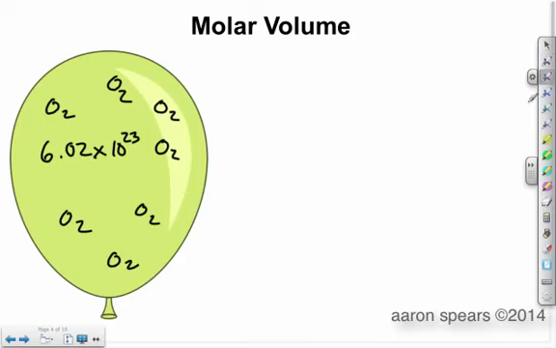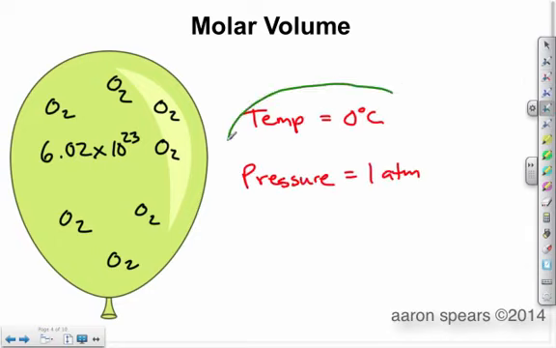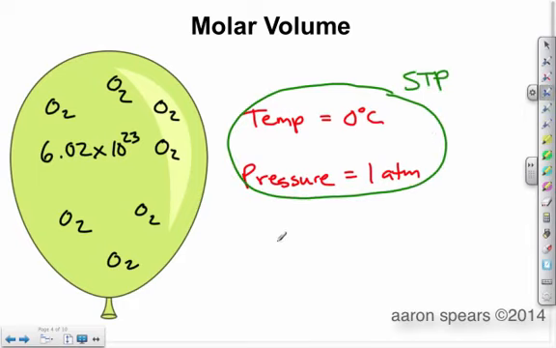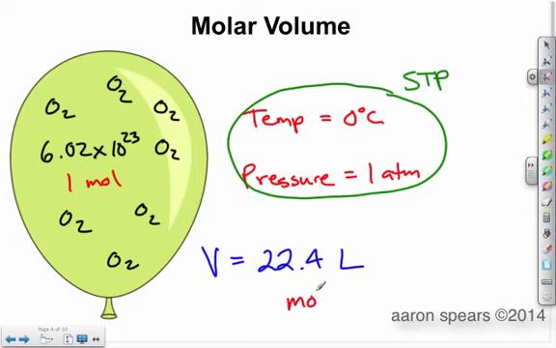Well, one thing we know is that if this gas is at a temperature of 0 degrees Celsius and a pressure of 1 atm, conditions that are collectively known as STP, for standard temperature and pressure, then this balloon is going to expand to a volume of exactly 22.4 liters. Now, because Avogadro's number is exactly 1 mole, this volume of 22.4 liters is known as molar volume, because it is equal to 1 mole.